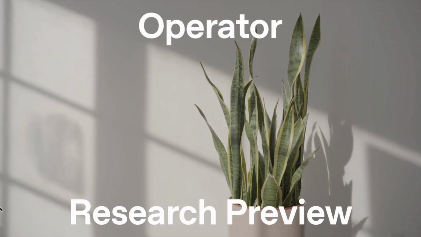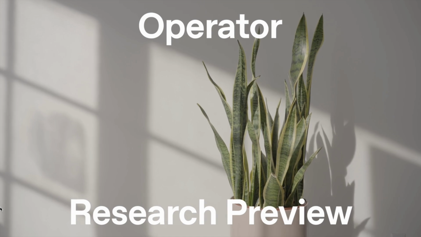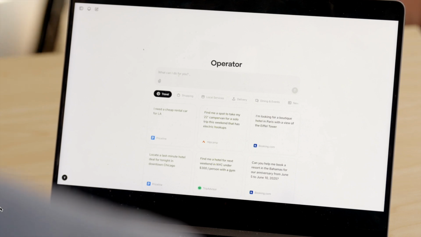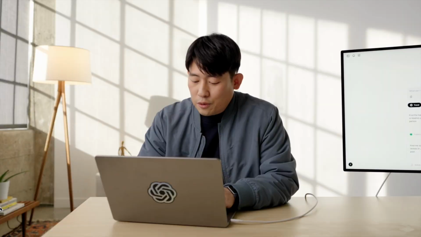Tell me your name and what do you do at OpenAI? Yes, my name is Hyunwoo Noh, and I'm a research lead of Operator at OpenAI. And what is Operator? Operator is a research preview of an agent that uses browsers to help users do things. So I have a 3-year-old kid who likes pasta, so I make linguine with clams, so I ask it to buy the groceries for it.